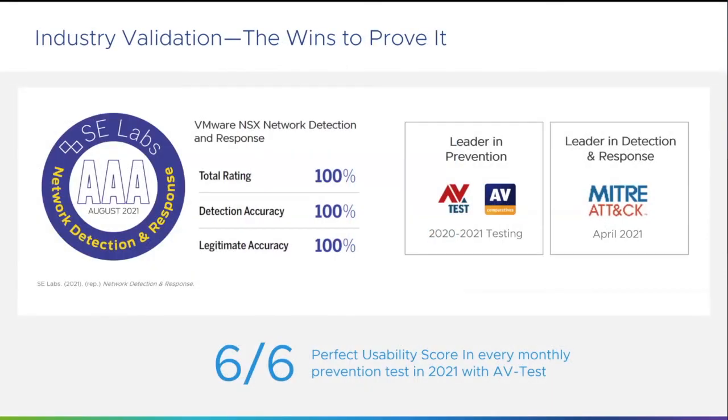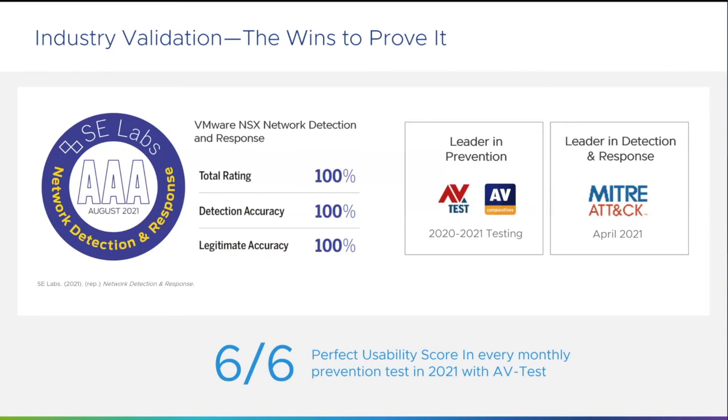But look, it's all well and good for me to be saying it. And obviously you should take what pretty much every vendor says with a little bit of a pinch of salt. But you don't just have to take our word for it. Here are some proof points from the industry itself to show that we really are delivering the highest confidence detections for the most sophisticated real-world attacks out there.